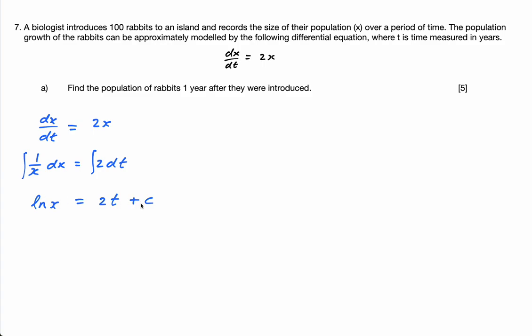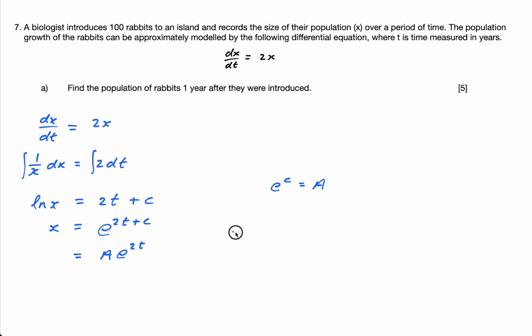And then I need to find x. Well, I need to find c, but a nicer way to do it, guys, if you've ever solved these with ln's before, is you get x first and write it as x equals e to the 2t plus c, and then you write this as a e to the 2t, where e to the c is equal to a.